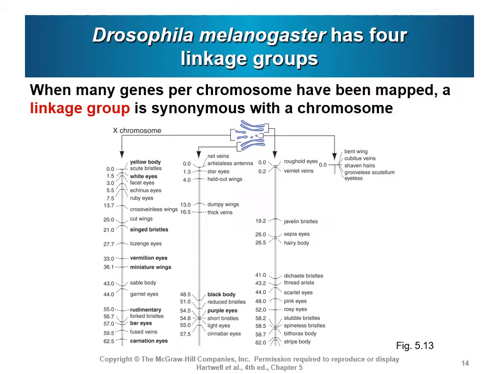And now, as we already know by now, we don't imagine our life in genetics without Drosophila. And again, there is another example of Drosophila melanogaster, which has 4 linkage groups. It is important to note that when we see linkage, which is kind of synonymous with crossover, that explains that these genes are on the same chromosome.